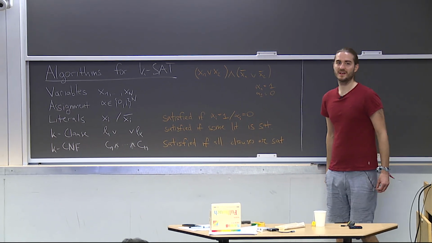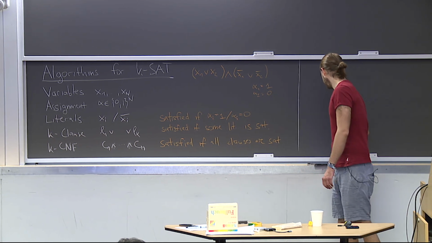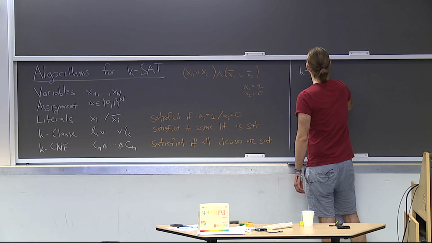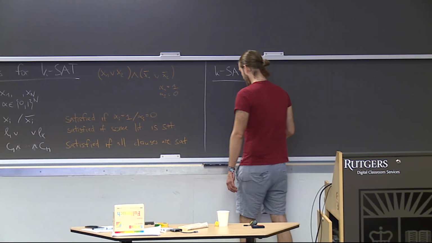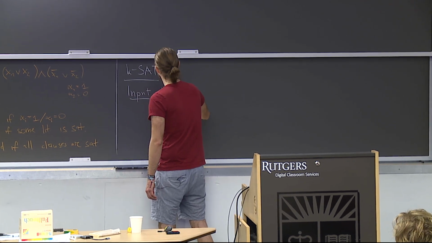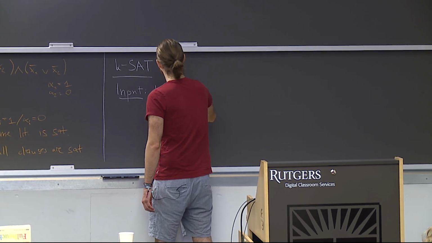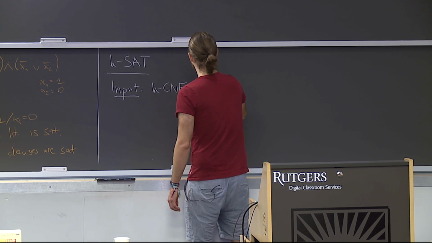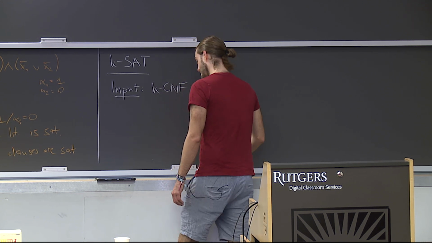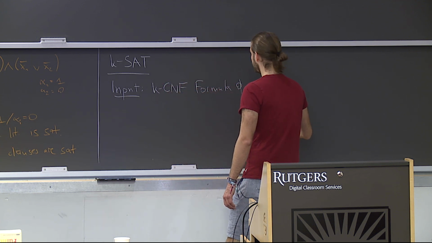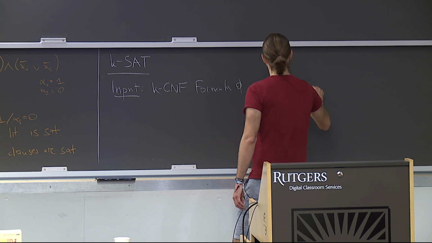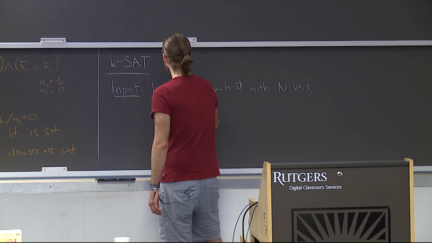Okay? So let's talk about KSAT. KSAT is this super fundamental problem, right? As an input, you get a KCNF formula, let's say with n variables and with m clauses.